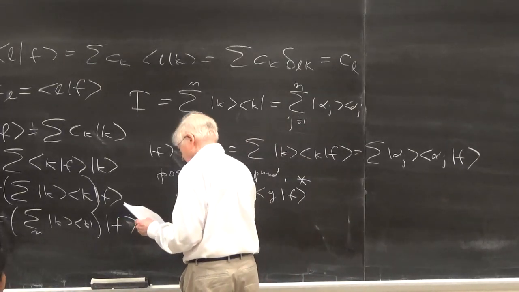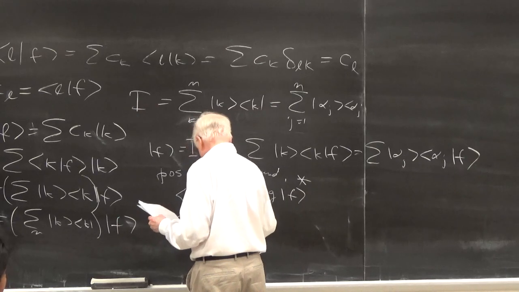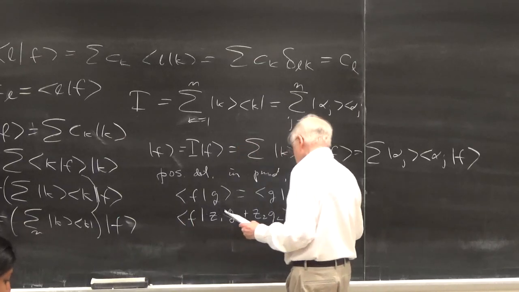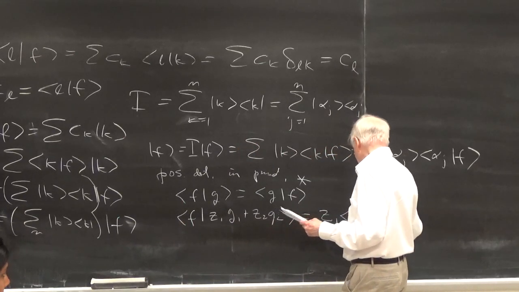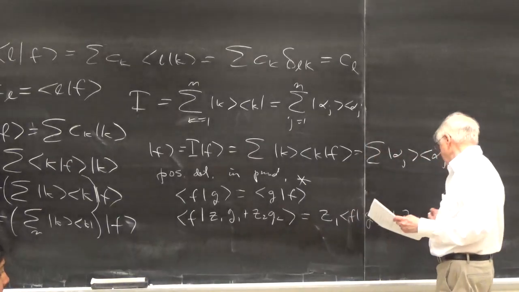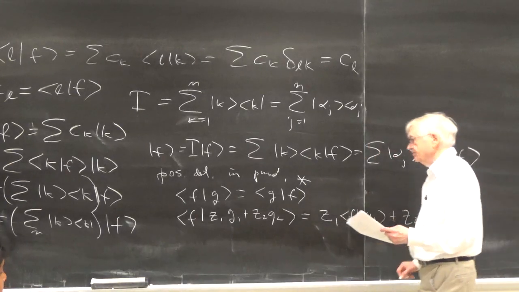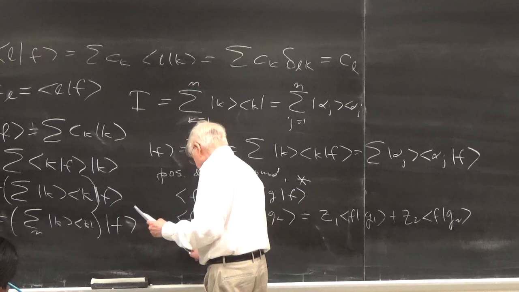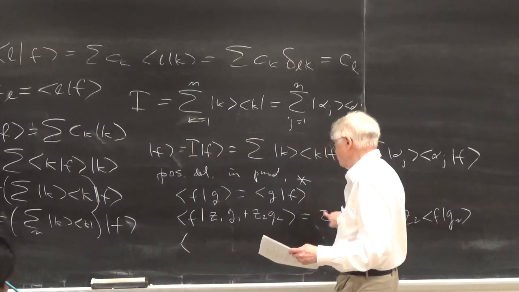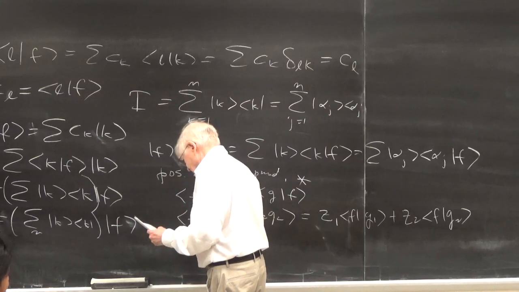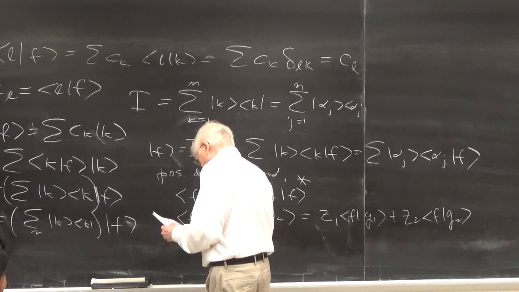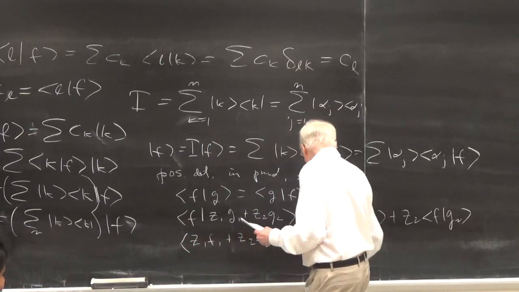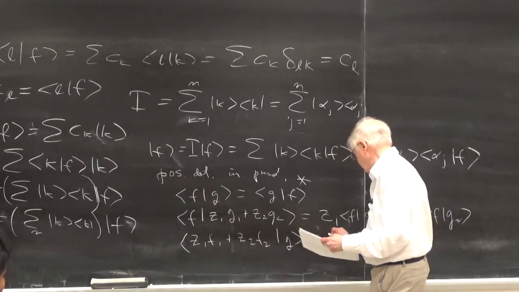It's that <f| acting on z1 |g1> plus z2 |g2> is z1 <f|g1> plus z2 <f|g2>, and the first two imply the third, so this is just a consequence of the first two. <z1 f1 plus z2 f2|g> is just basically the complex conjugate of this equation.